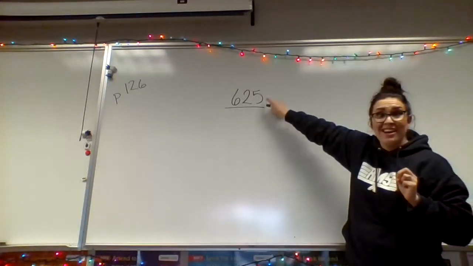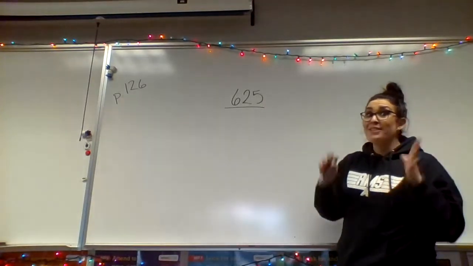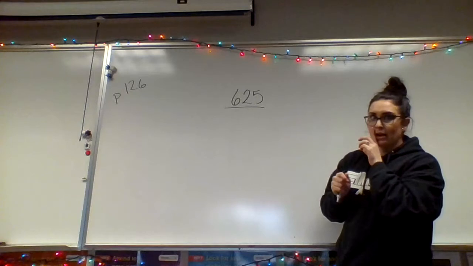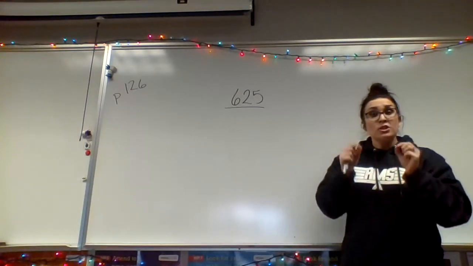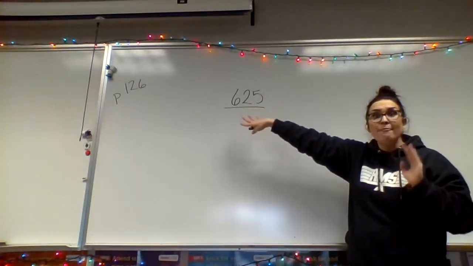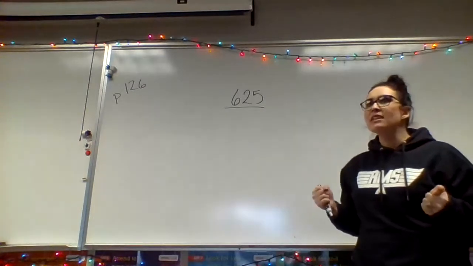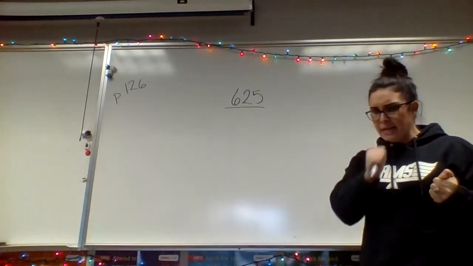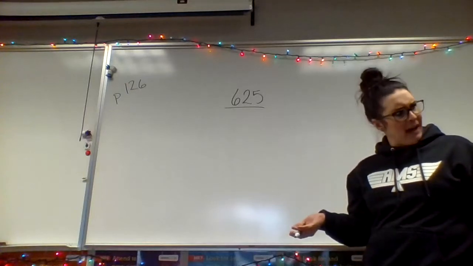This last number right here is a 5, my friends, a 5. Now, when we have a number that ends in a 5 or a 0, we know that 5 is a factor of it, right? So for my factor tree, I'm first going to put 5 as one of my factors, but then I need to think, 5 times what will give me 625?